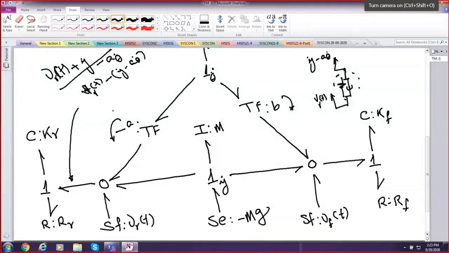So let me make the changes: this here, this here, and here. This power direction I will change. This, this, this, this, this, this.